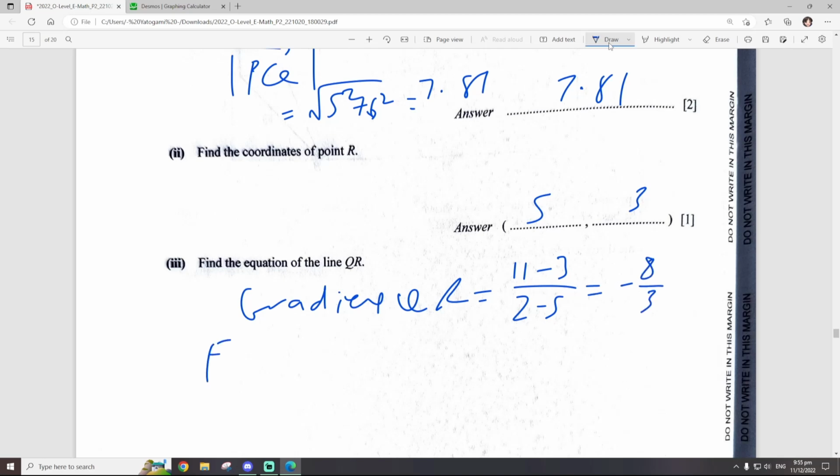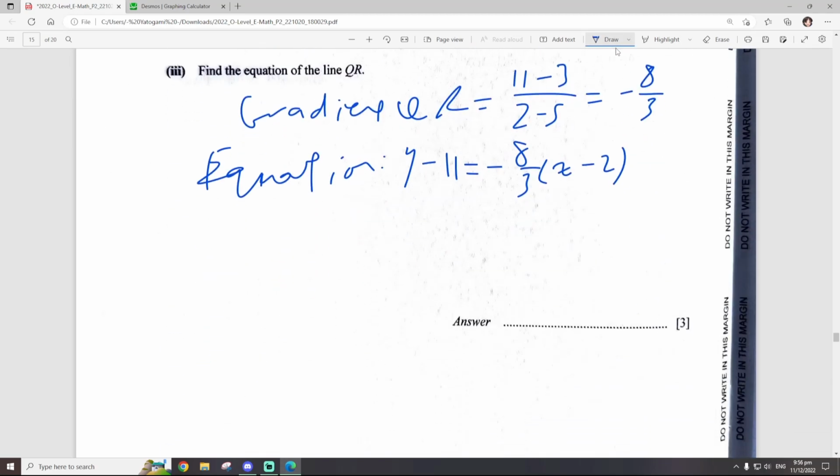So the equation, my favorite formula for the equation of a line is always y minus y1 equals m times x minus x1. So y minus 11 is negative 8 over 3, x minus 2. Okay? And we'll simplify. If I multiply throughout by 3, I get 3y minus 33 equals minus 8x plus 16.